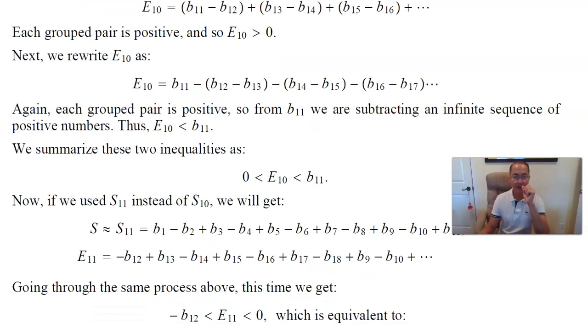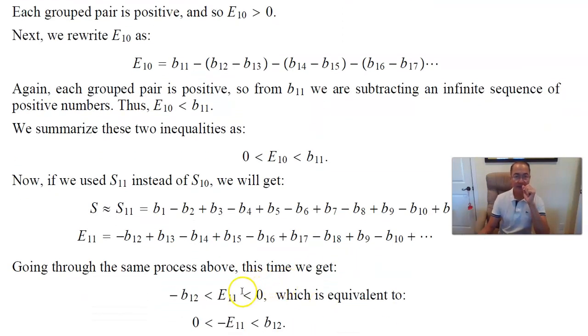Okay, so this time E11 will be negative, because we can factor out negative from B12 minus B13, and then negative B14 minus B15. Everything will be negative. And we are starting with negative B12, adding something positive, adding something positive, adding something positive. So E11 is bigger than negative B12.